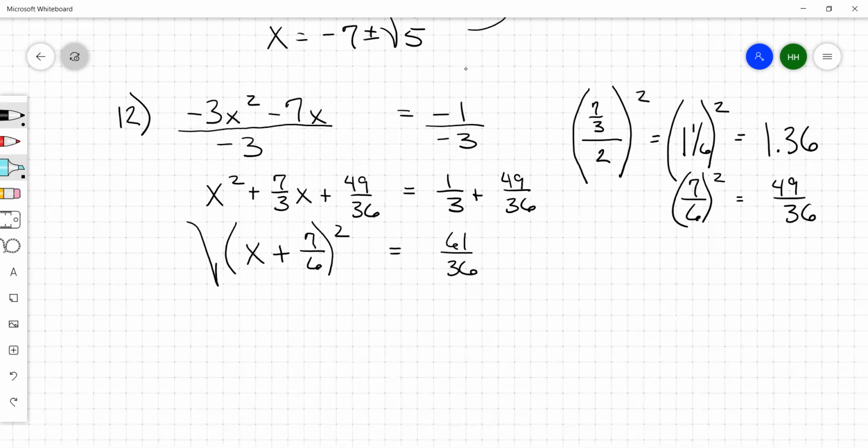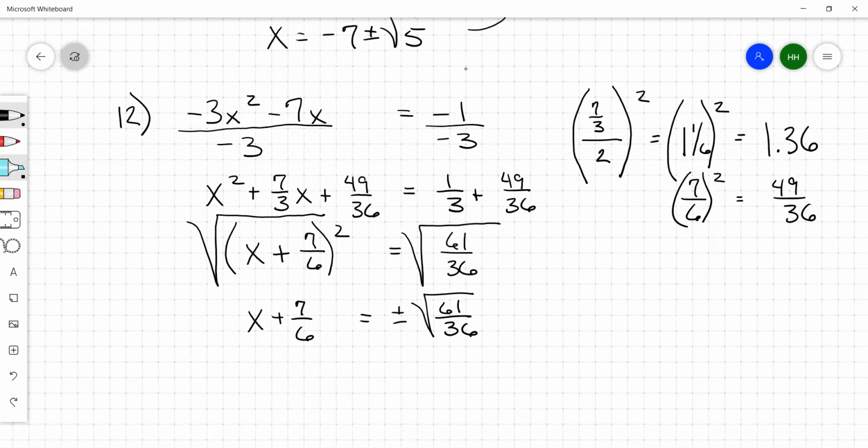If you square root both sides, on the left-hand side, you get x plus 7/6. On the right-hand side, you get positive or negative square root of 61 over 36.